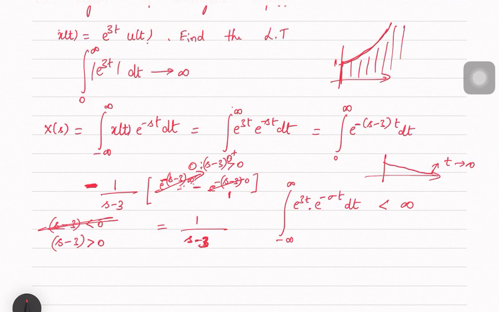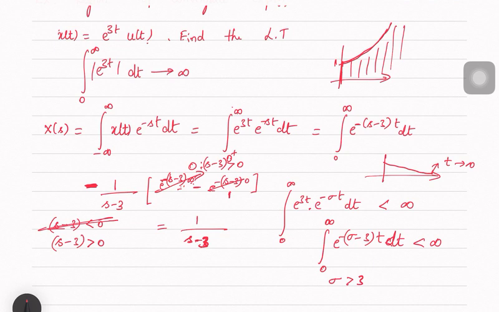When we have e power minus (sigma minus 3)t. Since there is u of t also, I am going to change the lower limit to 0. This is from the condition for existence or convergence of the Laplace transform. This integral has to be less than infinity, and that happens when sigma is greater than 3.